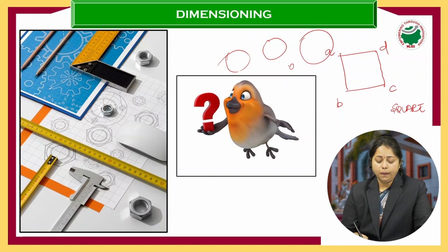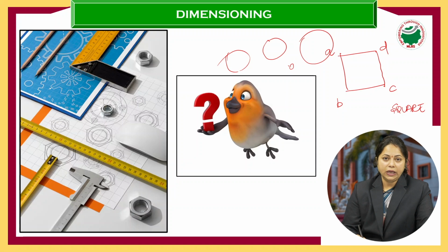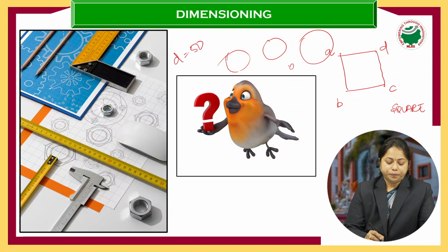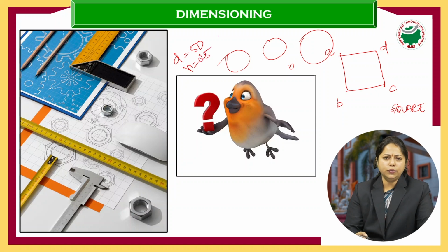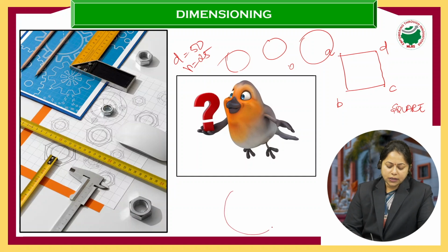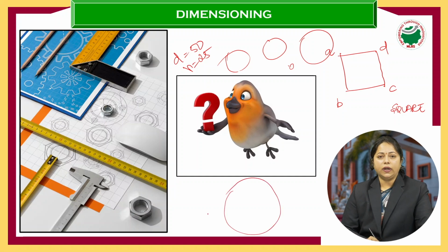If I say draw a circle whose diameter is 50 mm, the diameter is 50, so the radius is 25. You can use an instrument, a compass, which we used in the 10th standard, taking the radius as 25 or diameter as 50, and then we draw a circle.